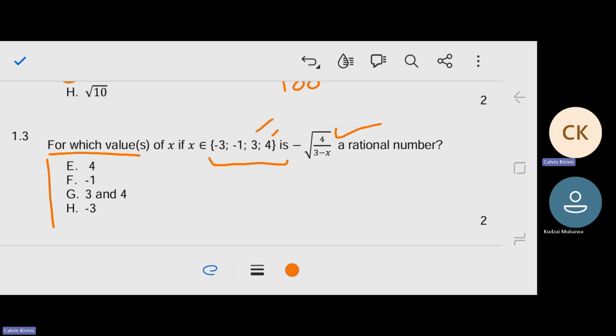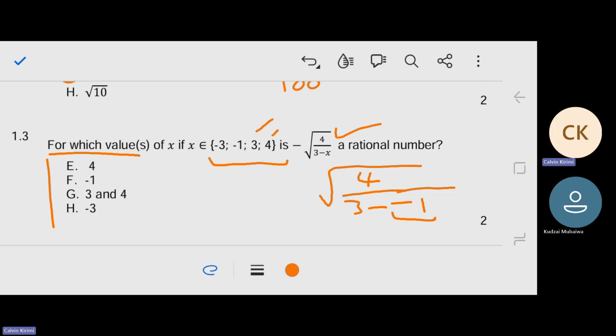Can x be -1? Yes, because 3 minus -1 is 4, so x can be -1.